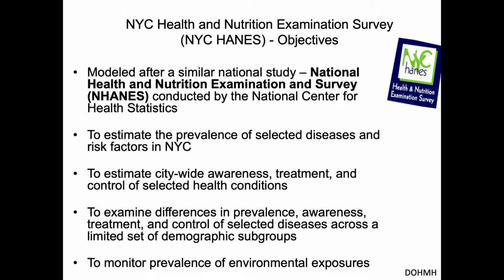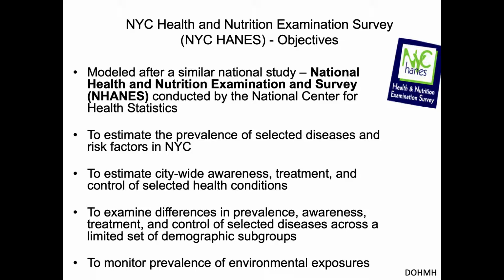In New York City, there's also the New York City Health and Nutrition Examination Survey, and this was modeled after the National Health and Nutrition Examination Survey conducted by the National Center for Health Statistics at the CDC, like we previously talked about.